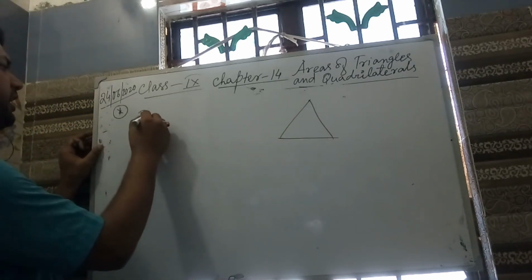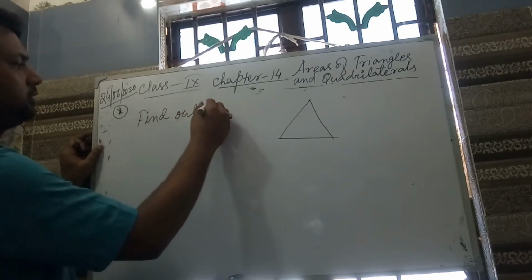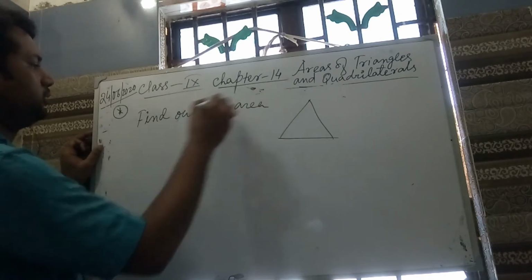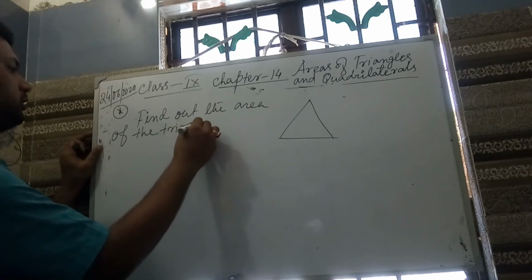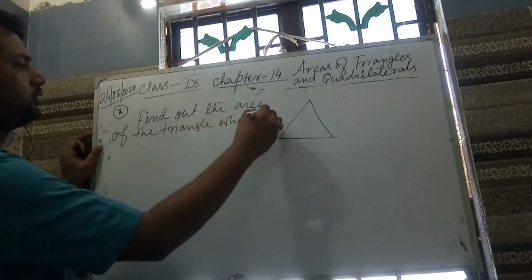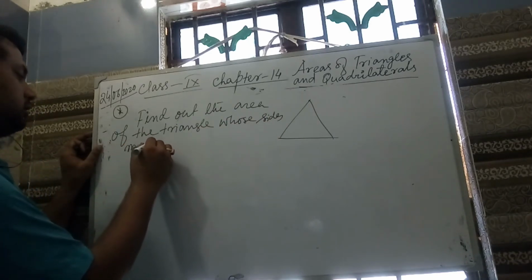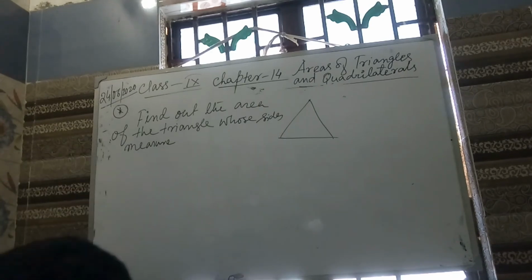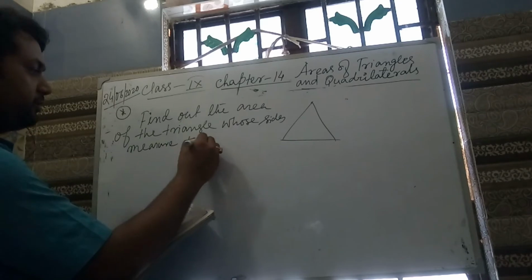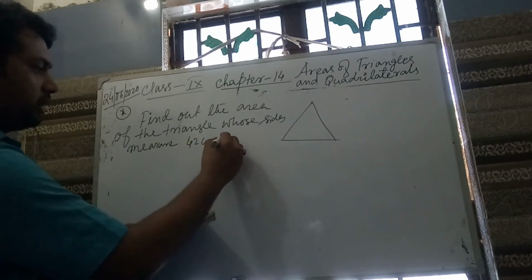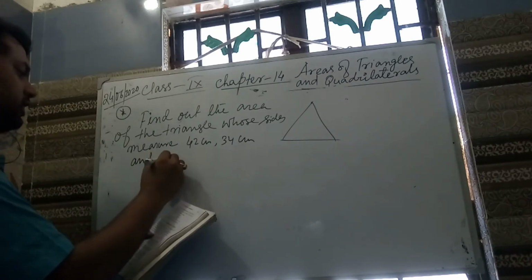What is given? Find out the area of the triangle whose sides measure 42 centimeter, 34 centimeter and 20 centimeter.